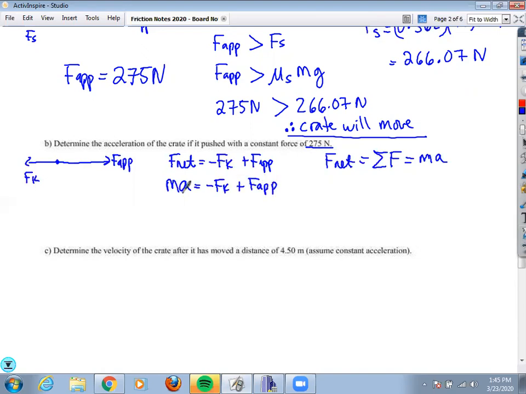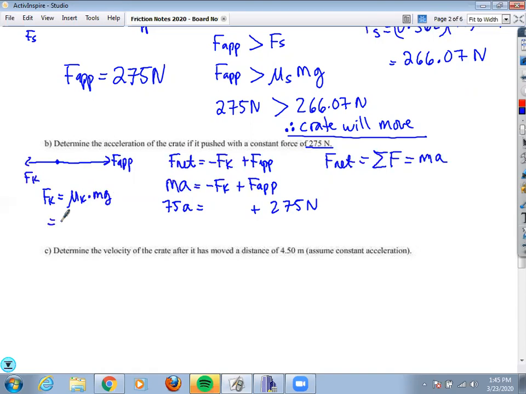And so, again, building our equation, we know m is 75 times acceleration equals the force of kinetic friction, which we'll calculate over here on the left, plus the applied force, which was 275 newtons. So Fk equals mu k times m times g.